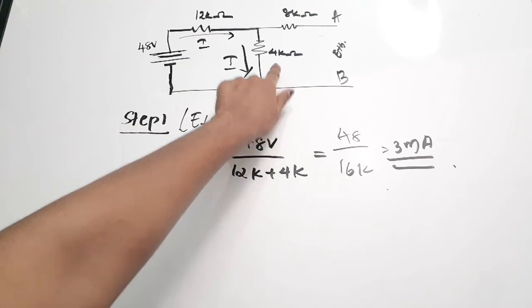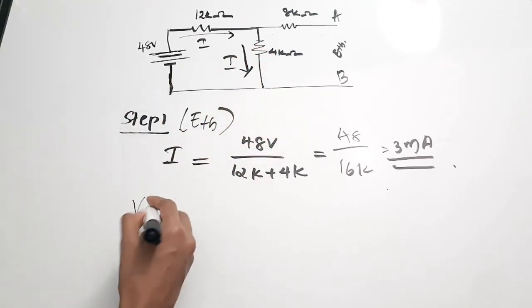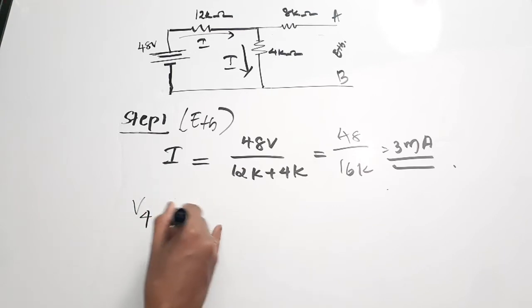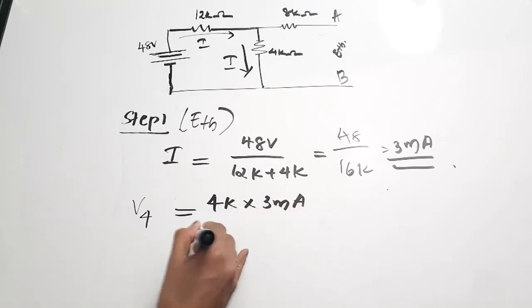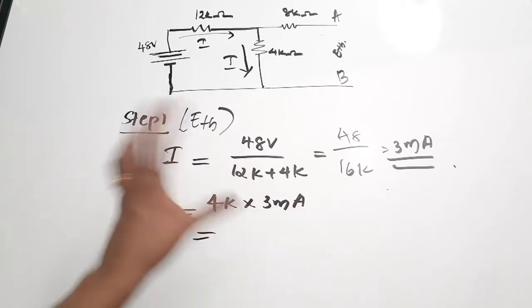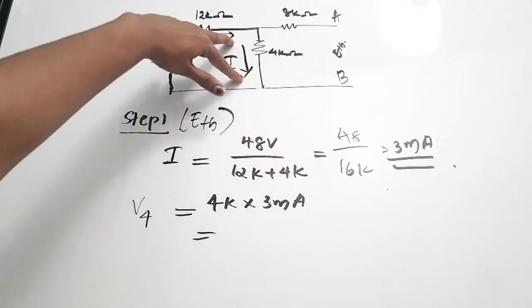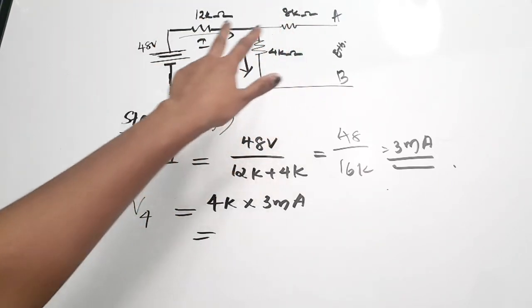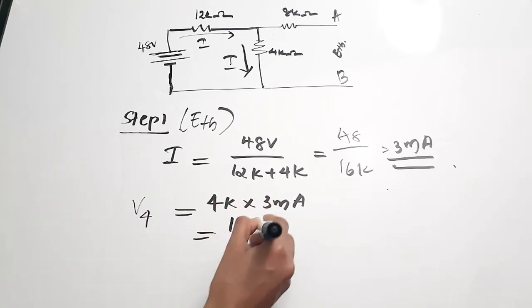The resistance is 4K, the current is I. Now what is the voltage? So voltage across 4K, we call it V4, is equal to 4K into 3 milliampere, right? Is there any confusion? No, right? Very simple. Due to the parallel connection, this voltage is equal to this voltage.